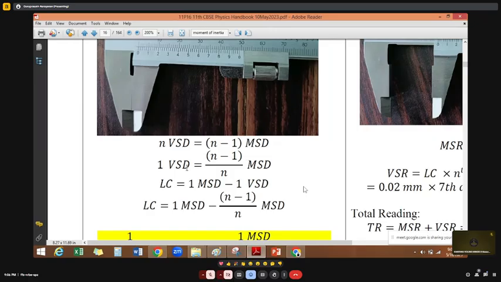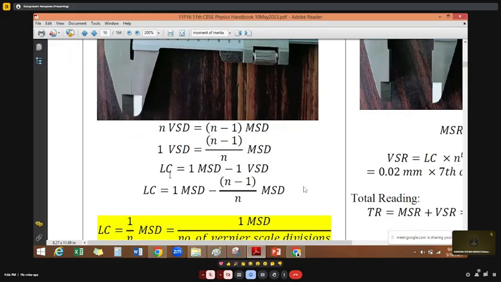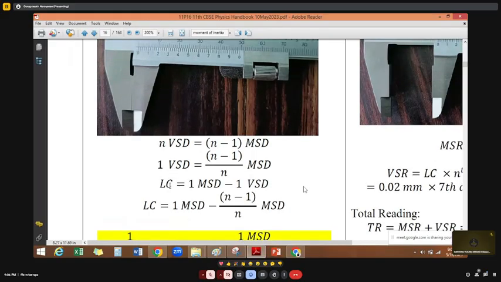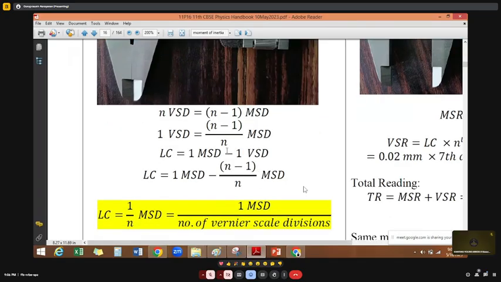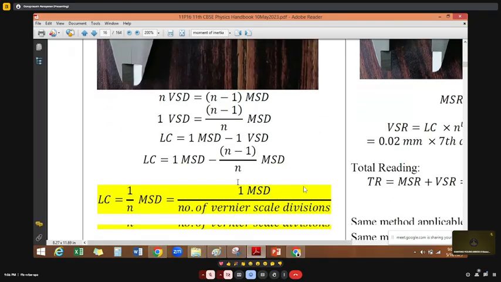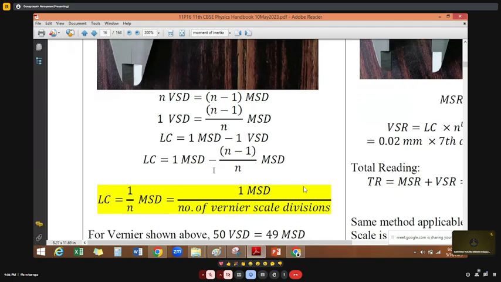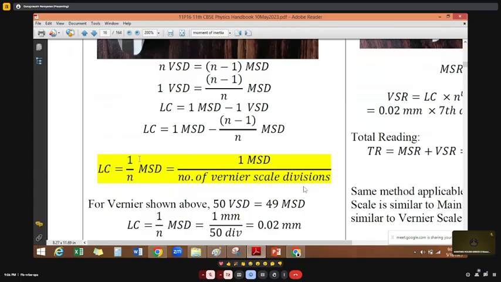So 1 VSD is equal to (n minus 1) divided by n. And that's how you have to calculate the least count. So least count is equal to 1 MSD minus 1 VSD. That means 1 VSD is (n minus 1)/n. Do the math, n and n will cancel, so I will get least count as 1 by n into MSD.